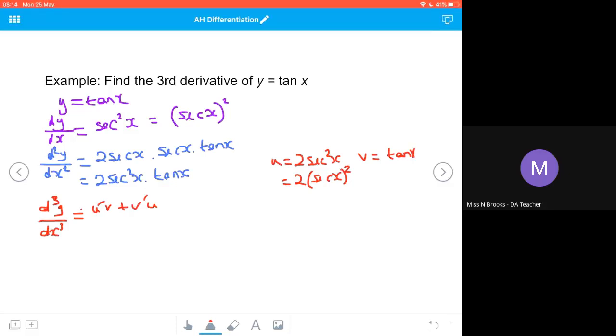So I've already differentiated sec x all squared when I differentiated my first derivative. The only difference is I've got 2 of these now, so u dash is going to be 4 sec x all squared tan x. And v dash is going to be the derivative of tan x, so I know that tan x gave me sec x squared.